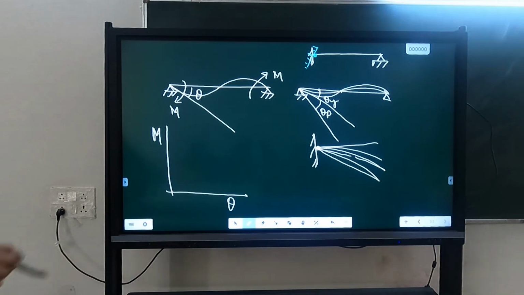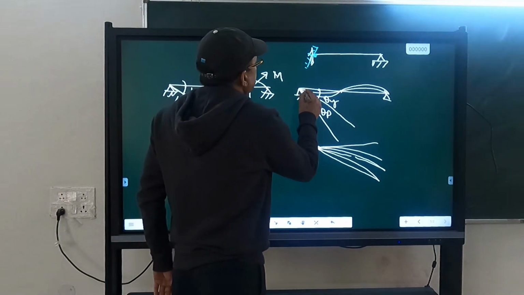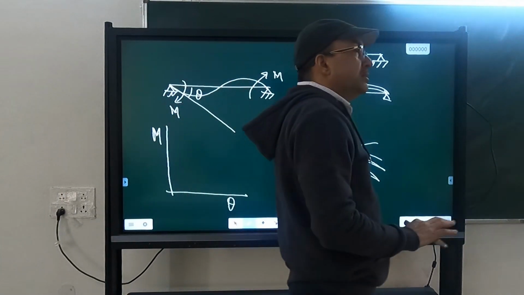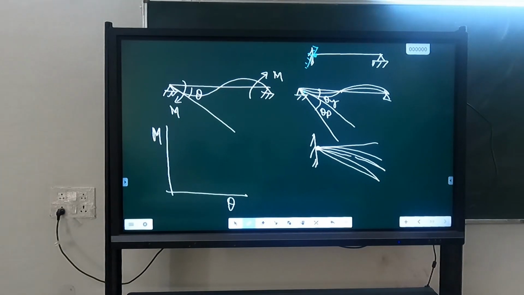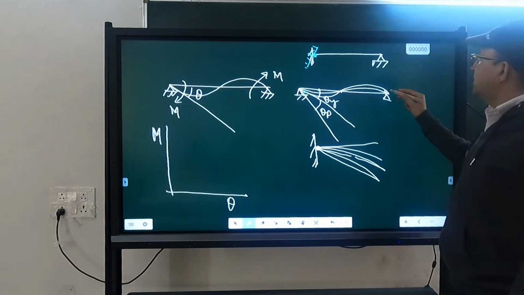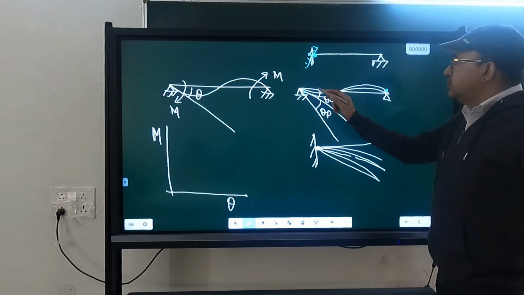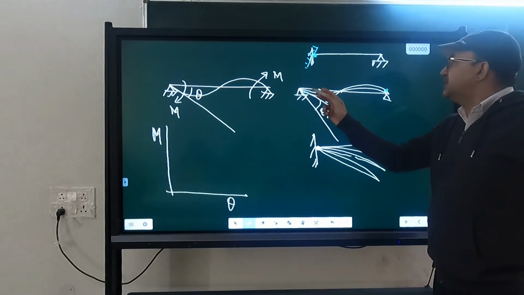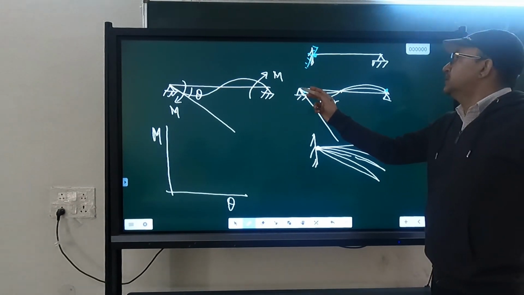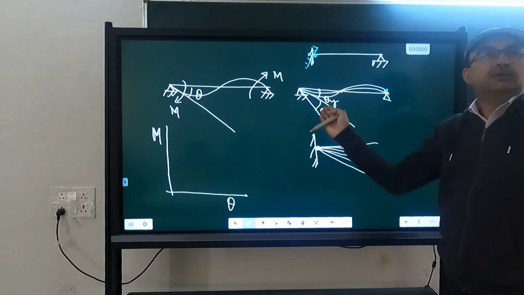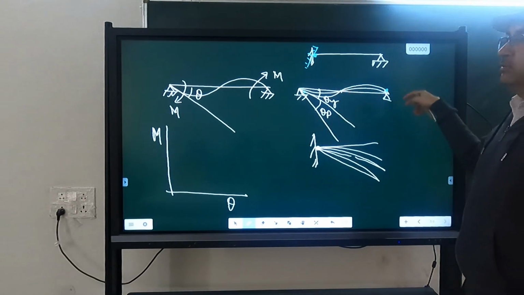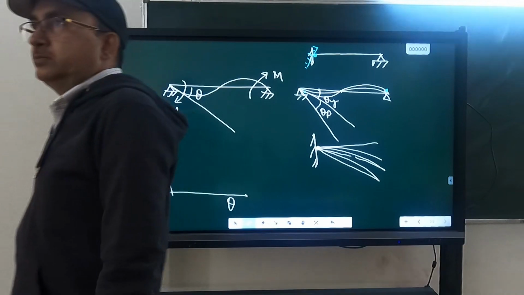Same thing is happening here. Till the plastic hinge has formed, the deformed shape will go on changing. After the plastic hinge forms here, the rotation, that means the tangent at this point, will rotate, but the beam will not deform anymore.